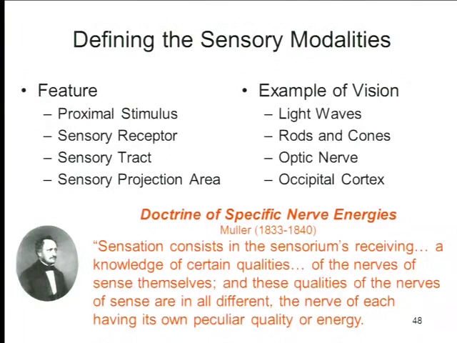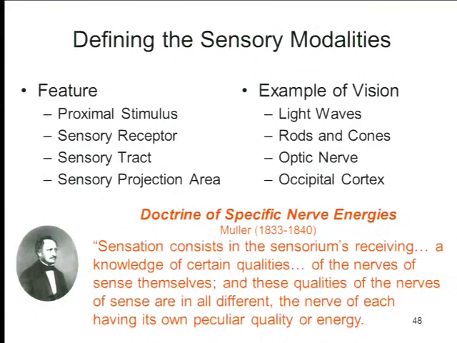Müller, a very important early physiological psychologist, in fact, argued that each of these modalities was associated with a particular kind of energy that passed through nerves. This is what's known now as Müller's doctrine of specific nerve energies. Sensation consists in the sensorium receiving a knowledge of certain qualities of the nerves of sense themselves.